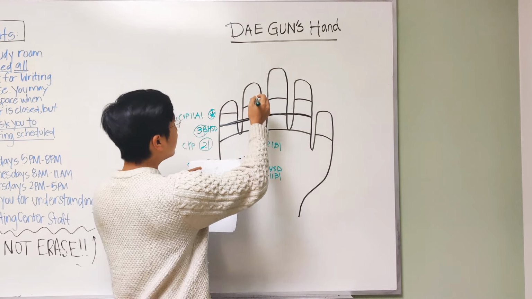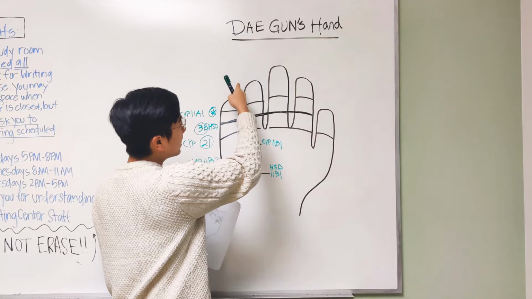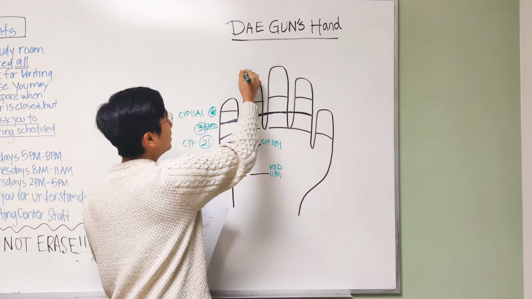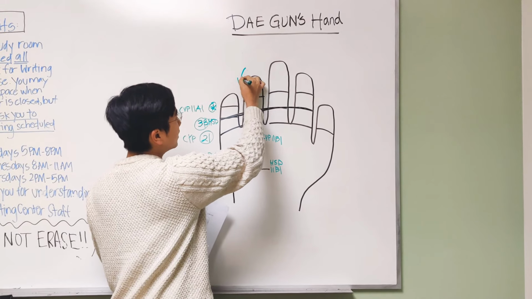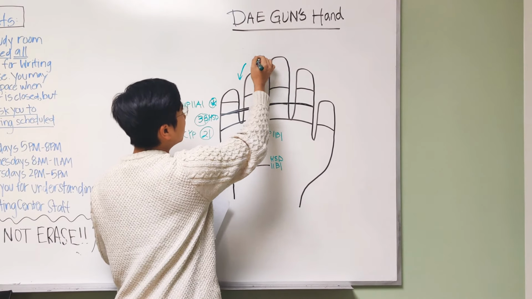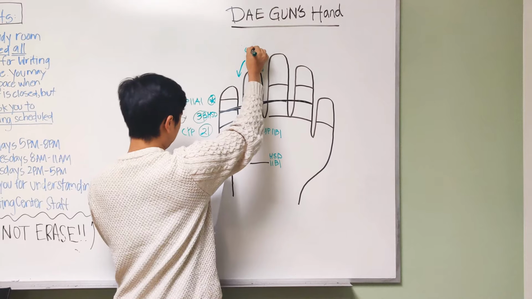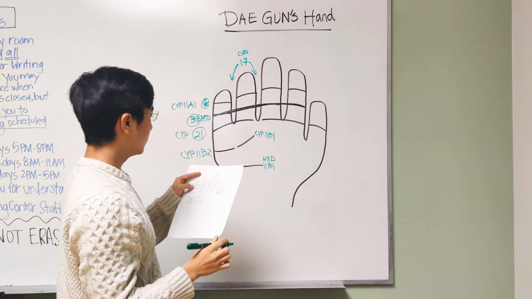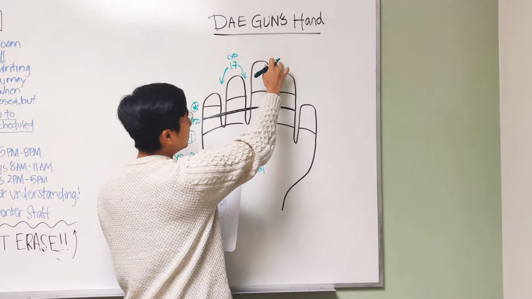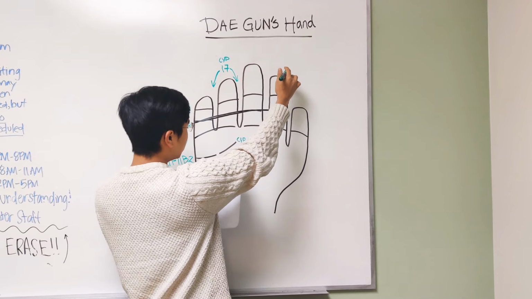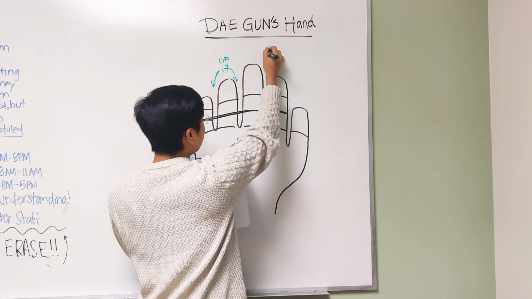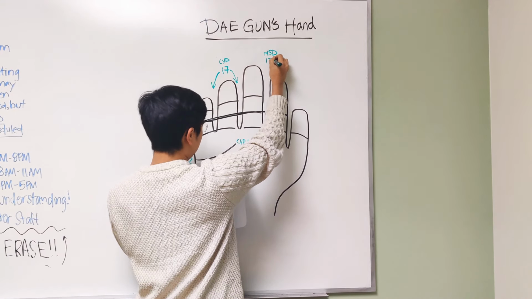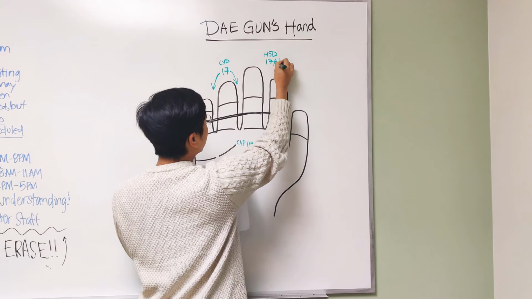Each gap between the fingers is also acted upon by an enzyme. Around the ring finger will be CYP17. Between the middle and the index finger will be HSD17 beta 1.